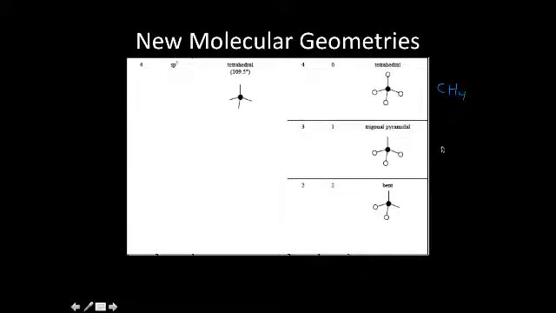We've got trigonal pyramidal, and that would be something like ammonia. And then water falls into this bent sort of geometry as well. So the electron geometry is tetrahedral, but because of the way those lone pairs orient themselves, we have different molecular geometries.